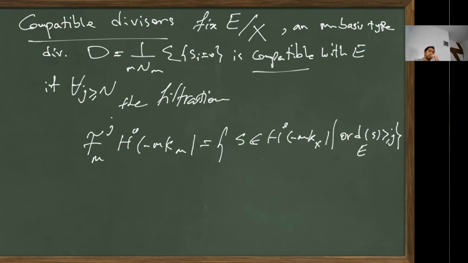I can do this easily, and then the compatibility says that such filtration is spanned. So for each j, each part of your filtration is spanned by some s_i. So the basis of your vector space that you use to define D is going to be compatible with this filtration that comes from the order of vanishing along E.